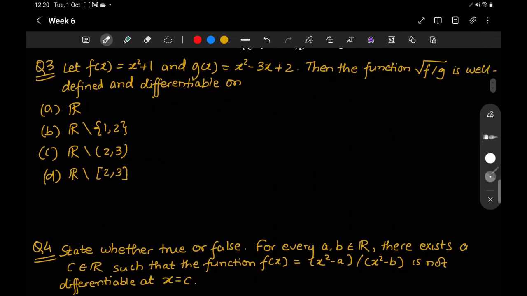Moving on to the next question. This time it's a multiple choice type question. Let f x equals x squared plus 1 and g x equals x squared minus 3x plus 2. Then the function square root f over g is well defined and differentiable on which of the following range we need to see: R minus 1 comma 2, R minus the interval 2 to 3, or R minus the closed interval 2 to 3.